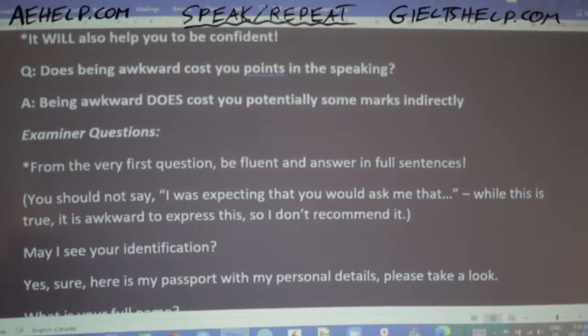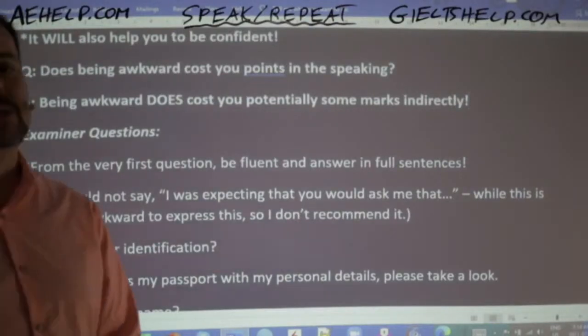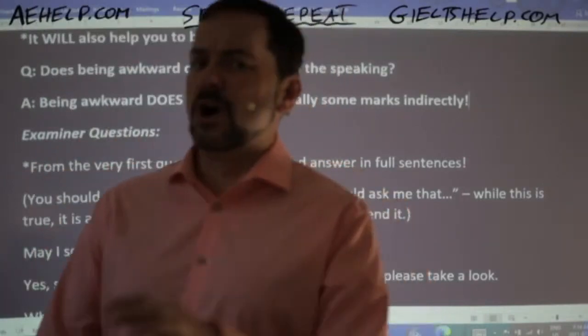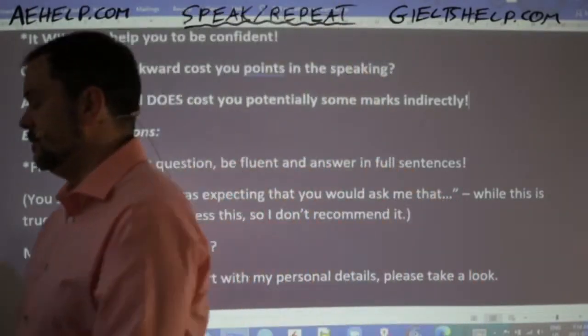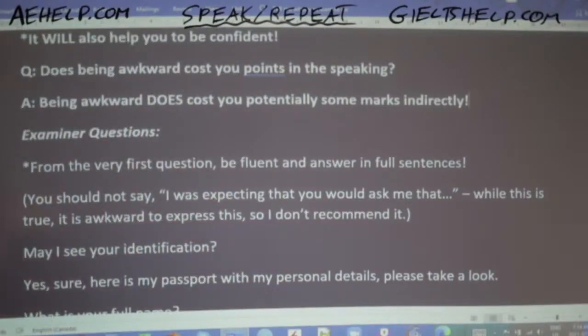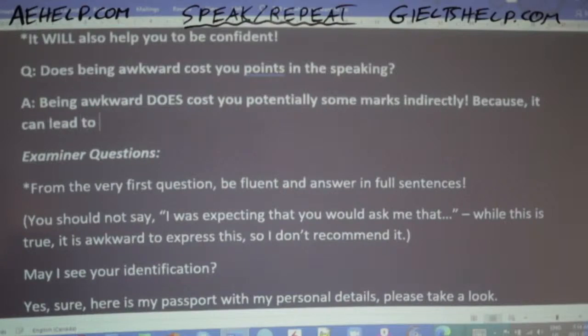So the examiner is not going to say something like, ooh, that's really awkward. That's going to cost you some points. Okay. But indirectly it does, because it can lead to incoherence, lack of fluency, okay, and unnatural language.